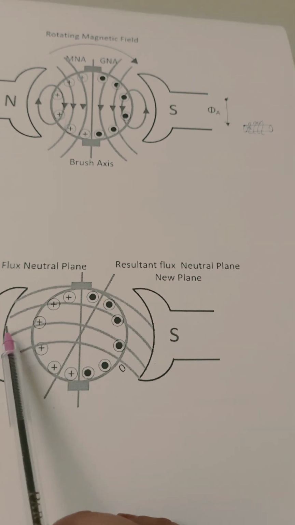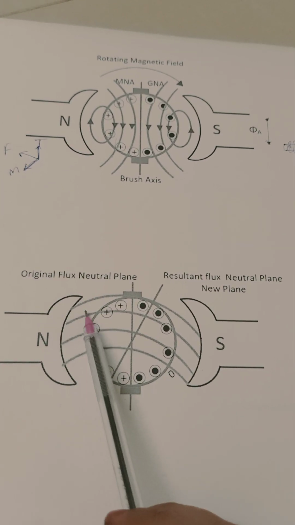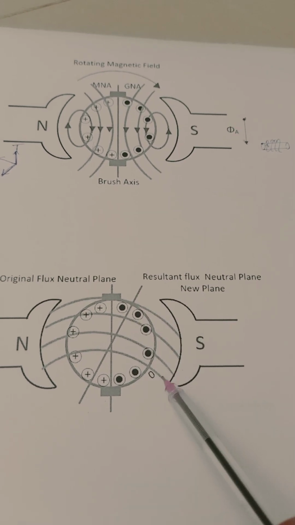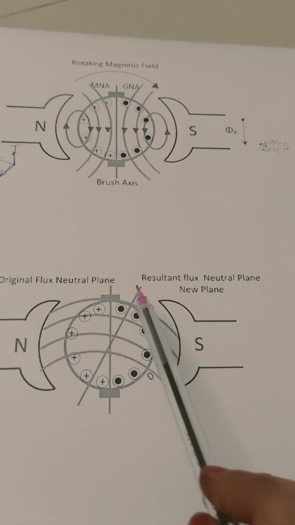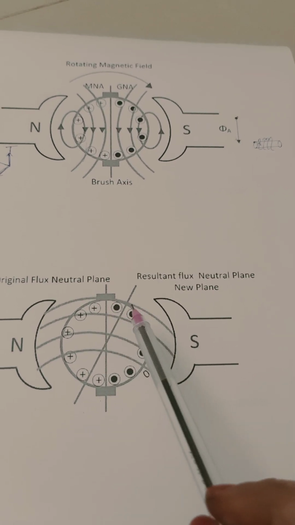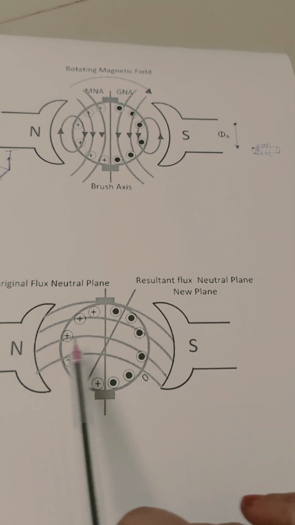See here how the flux distribution is. Consider this as the upper tip and this as the lower tip of the North Pole, and the upper tip and lower tip of the South Pole. When both armature flux and main field flux are coinciding, this will be the flux distribution.